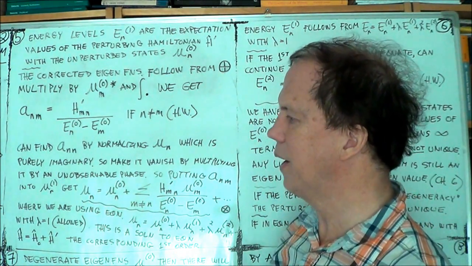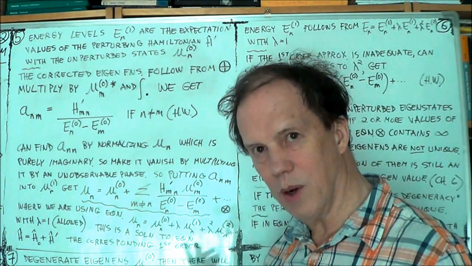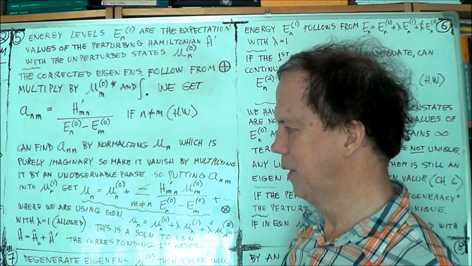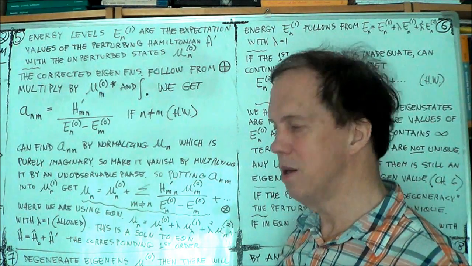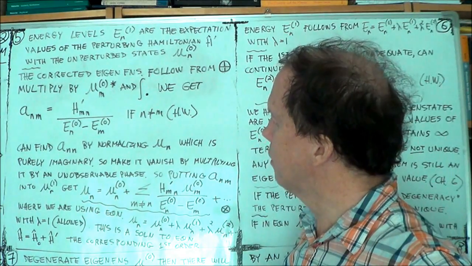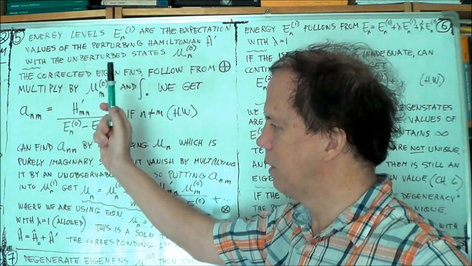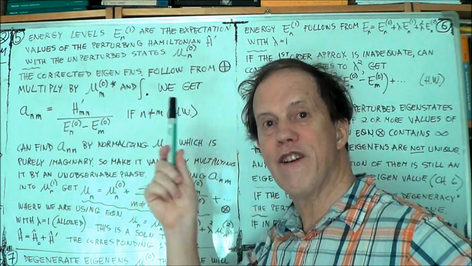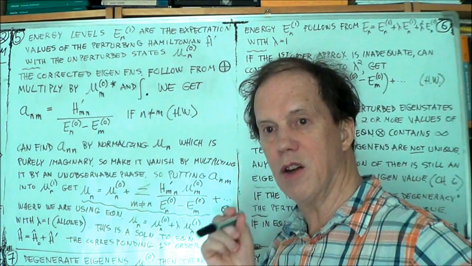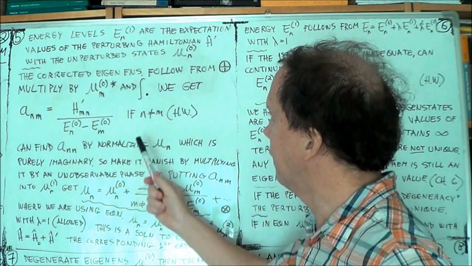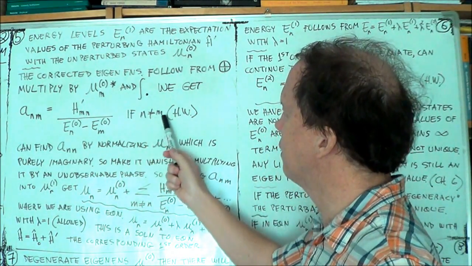So UN1 equals sigma a and m, um 0. Okay, so we now have calculated the first order corrections to the eigenfunctions. Okay, so we now know UN1. Now this is the case when n is not equal to m.